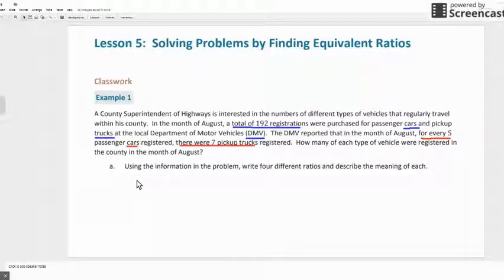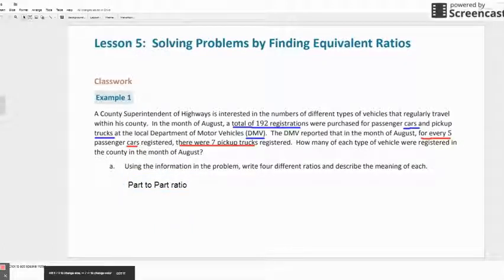Well, the first one, we call it a part-to-part ratio because we're dealing with part of the information with another part of the information. Like for every 5 cars, that's part of the information, there's 7 pickup trucks.